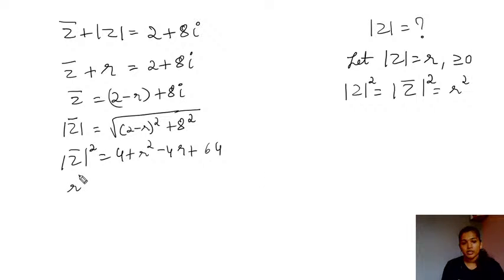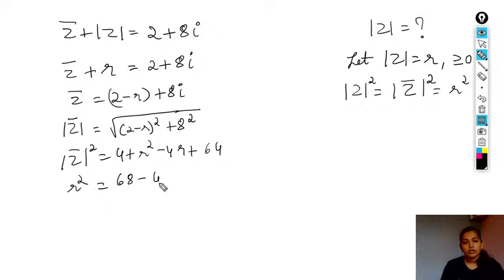So I am substituting r square is equal to 68 minus 4r plus r square. So r square will cancel out, given r is positive or equal to 0 here in this case, right? And rearranging this equation, we have 4 times r is equal to 68. This implies the value for r here is equal to 17.